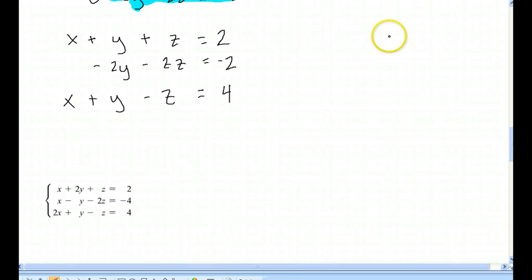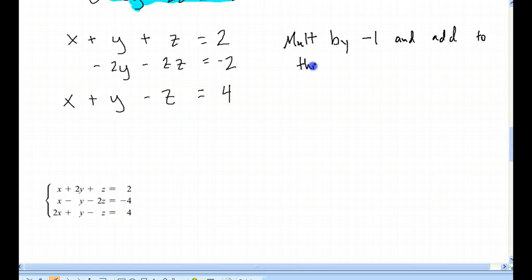So here, multiply by negative 1 and add to third row. Again in notation it would be negative 1 times row 1 plus row 3.